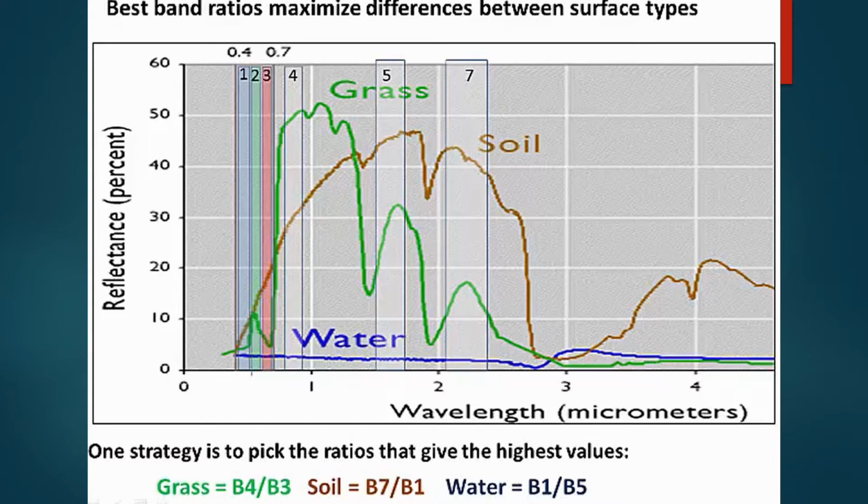So he's trying to find the band with the highest reflectance and divide it by the band with the lowest reflectance. For example, for the grass, he's taking band 4, which has a high reflectance, and dividing it by band 3, which has a low reflectance. And for the soil, he's using band 7 divided by band 1. And for the water, band 1 divided by band 5.